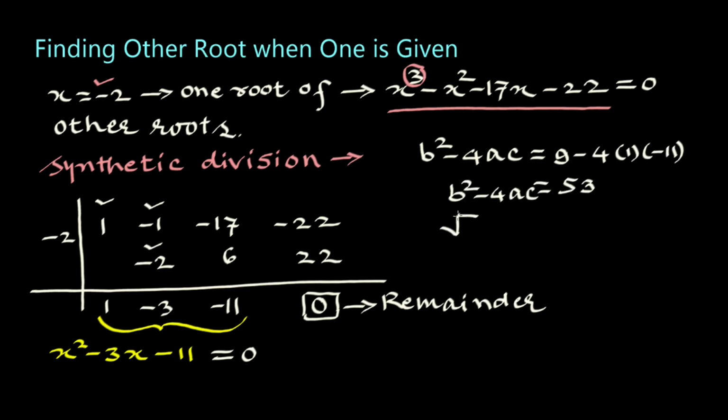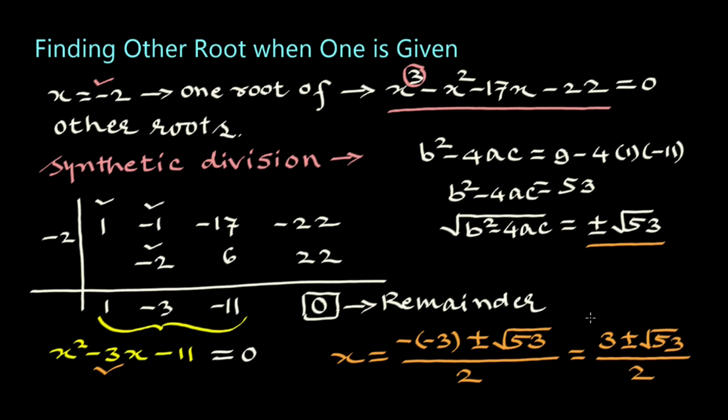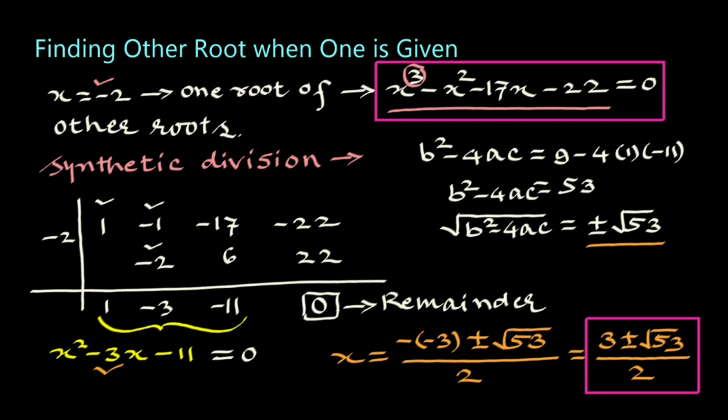So square root of b square minus 4ac will be plus minus root 53. So by quadratic formula, x will be minus b plus minus root of b square minus 4ac, root 53, upon 2a, which is 2 into 1, 2. So this will be 3 plus minus root 53 upon 2. And these are the 2 remaining roots of this polynomial.